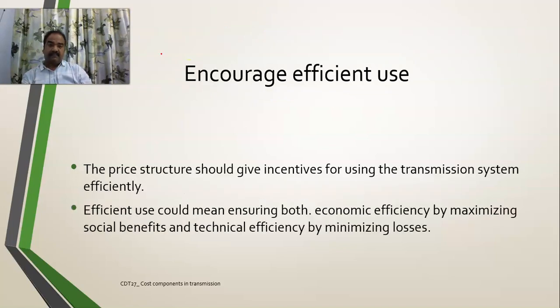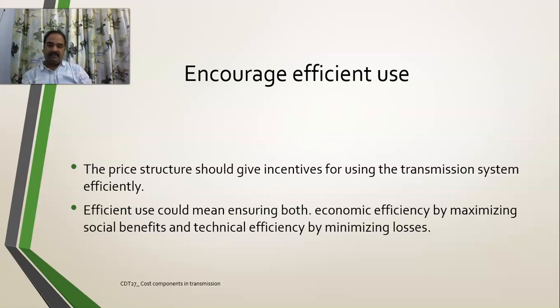The second thing is, whatever pricing I am setting, this price structure must encourage efficient usage of the transmission lines. It doesn't mean that everybody who pays uses the transmission lines in an efficient way.